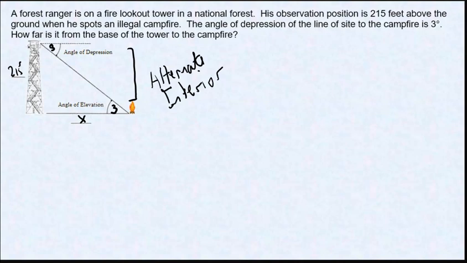In other words, when I am standing on, let's say, a ladder, and then looking at something on the floor, or looking at another person, that person is turning their head in the exact opposite angle of me, creating these alternate interior angles. This is real-world trig application here.